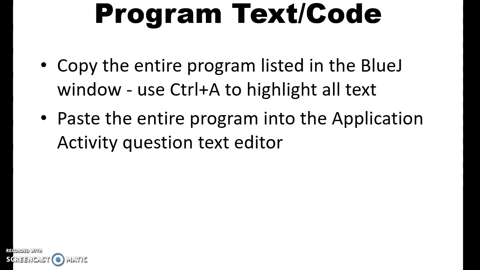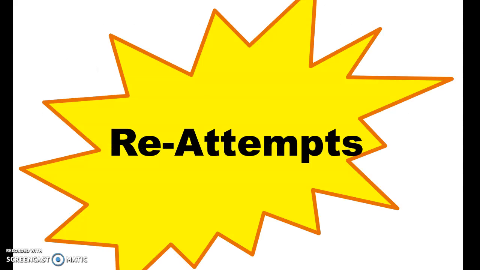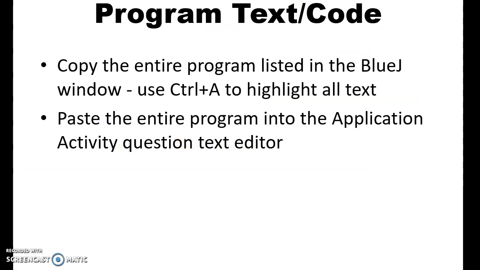As a general rule of thumb, be sure you read the submission requirements for each question and submit the documentation as instructed, okay? The application activity question requires you to submit your program text, the code, right, and a screenshot of the output.